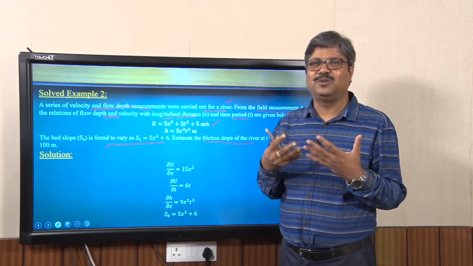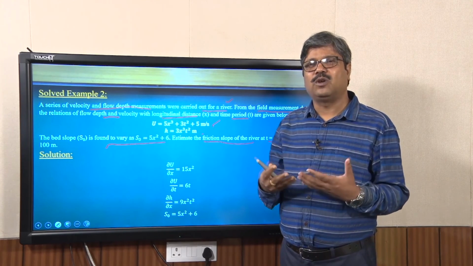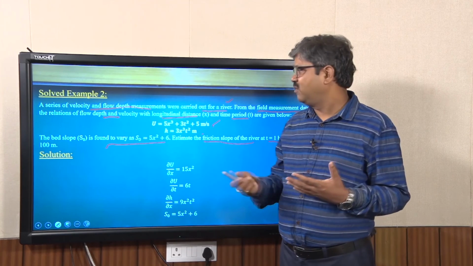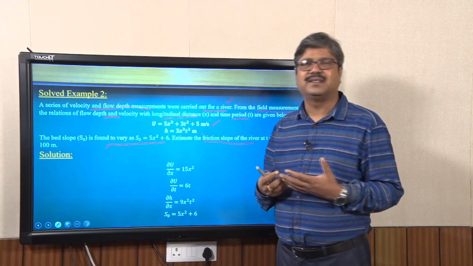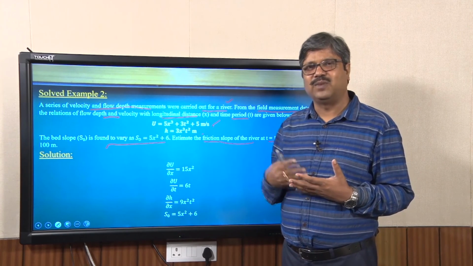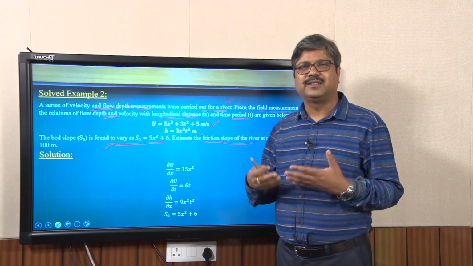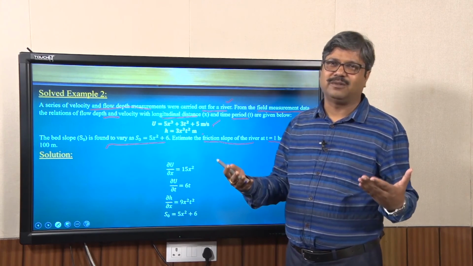So, here we have to use the Saint-Venant equations, because the functions are given. We need to compute the partial derivatives of velocity and h in space and time, in this case only the x domain and the time domain. Once you know it, substituting these values, we can solve this problem.